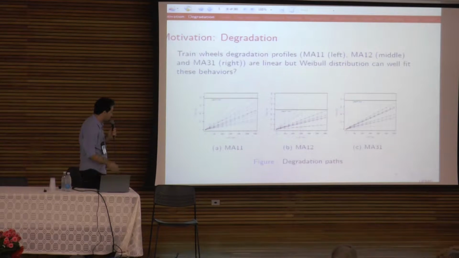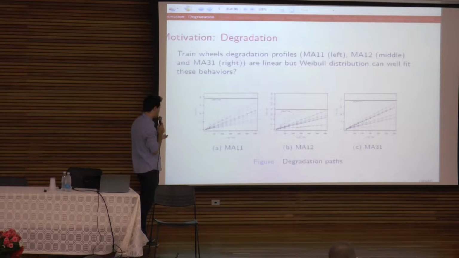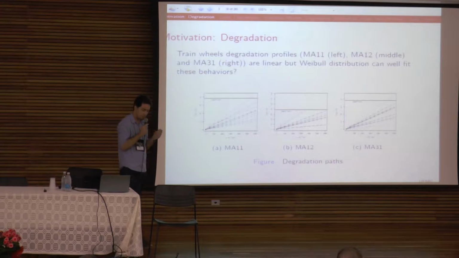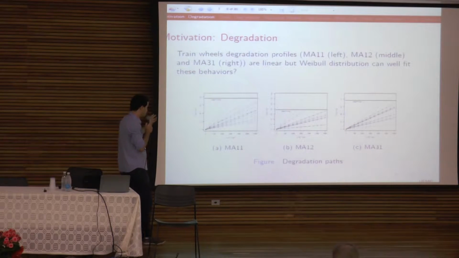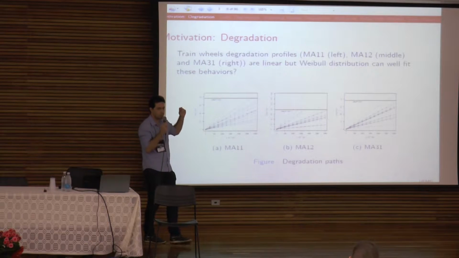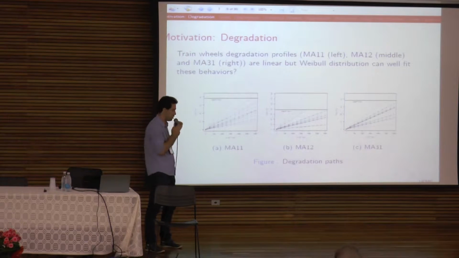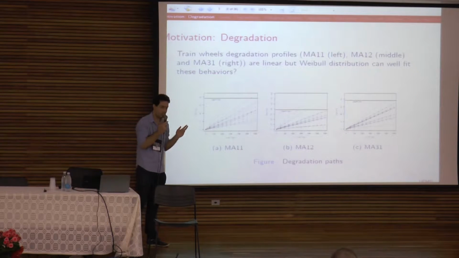And we keep measuring this degradation. For example, we have this path here, and a failure happens when you cross a predetermined limit. As you can see, not all the wheels reach this predetermined limit, which we call threshold, DF.